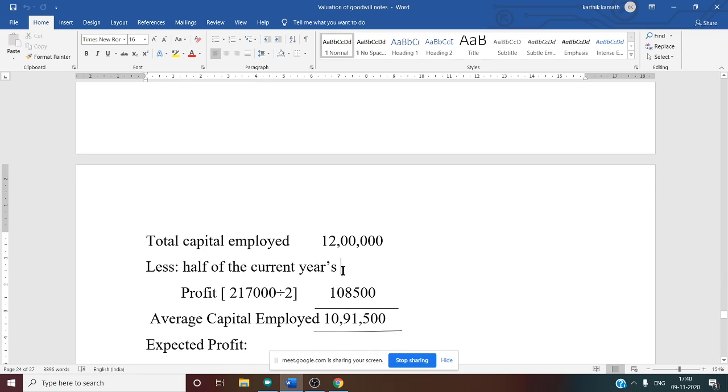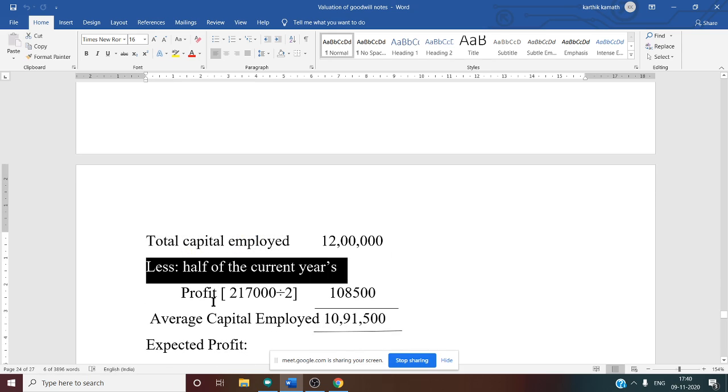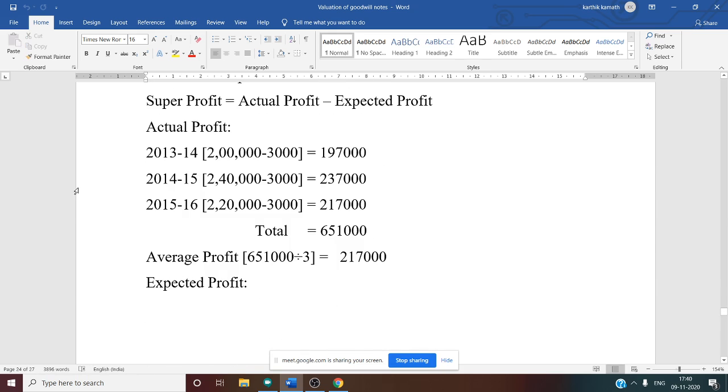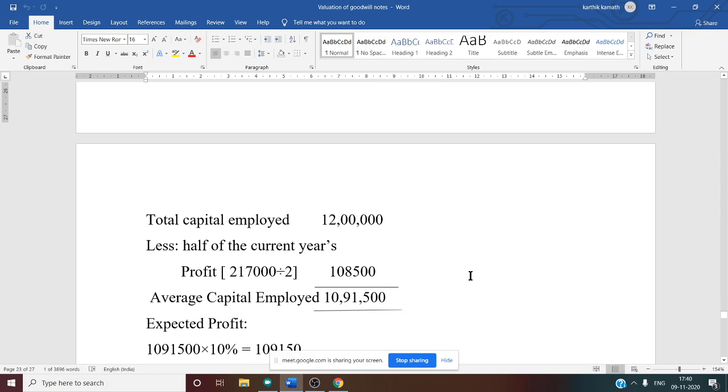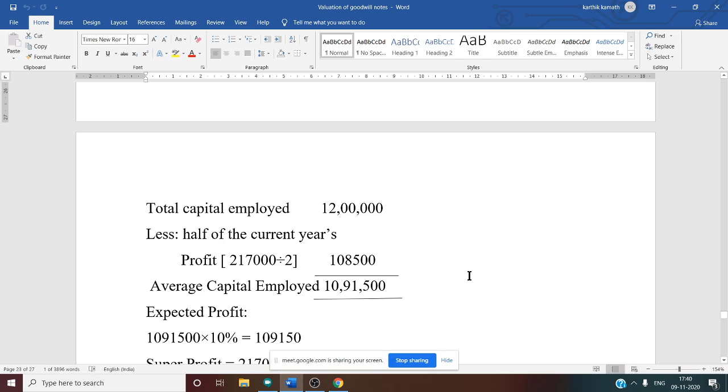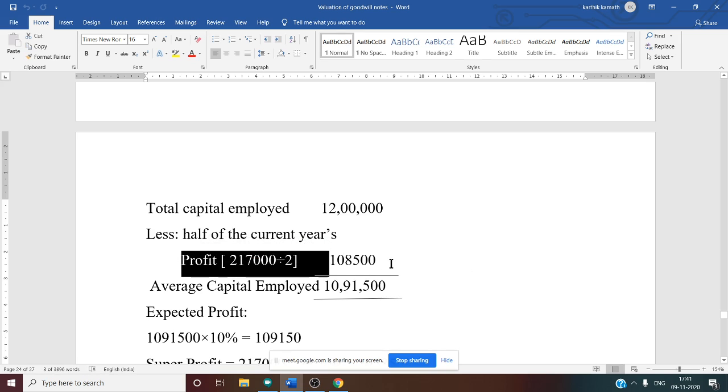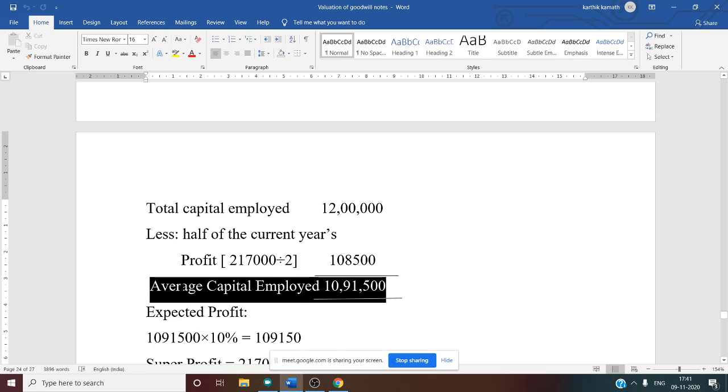Current year profit means profit for 2015-16, 2 lakh 17,000. Half of that, divided by 2, is 1 lakh 8,500. So average capital employed is 10 lakh 91,500.